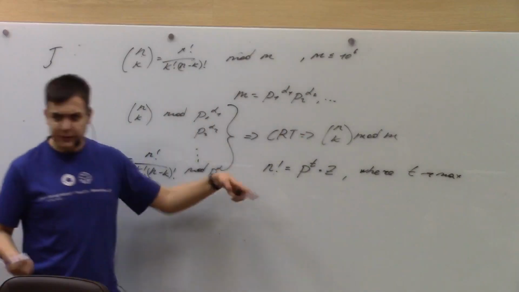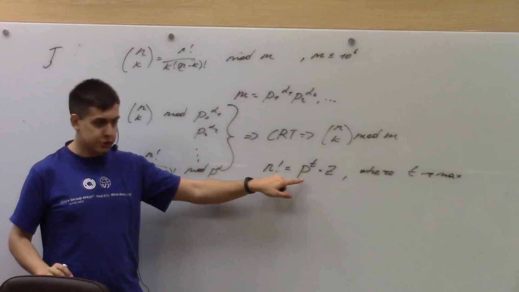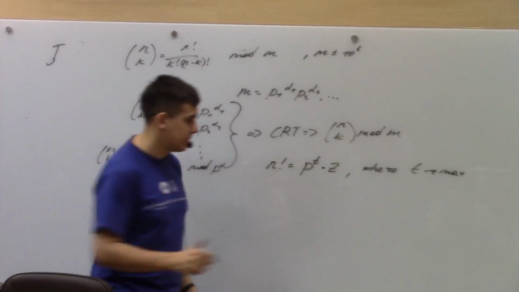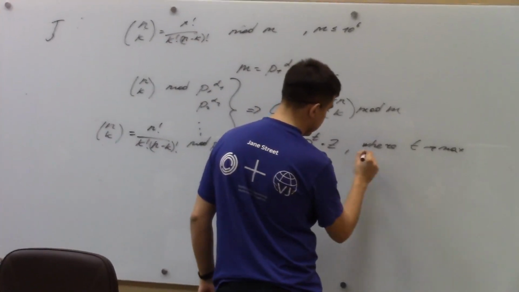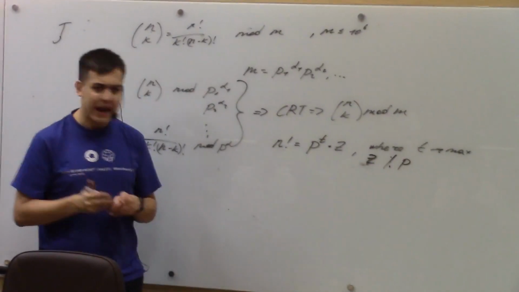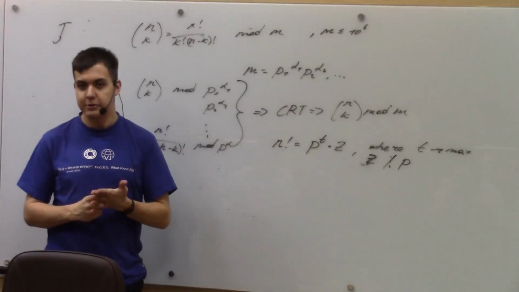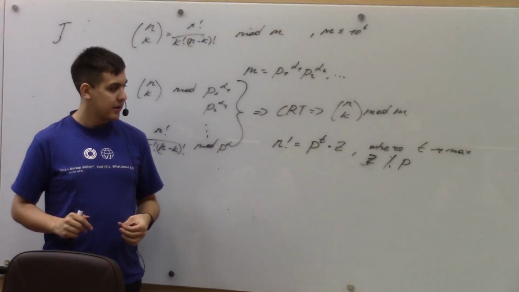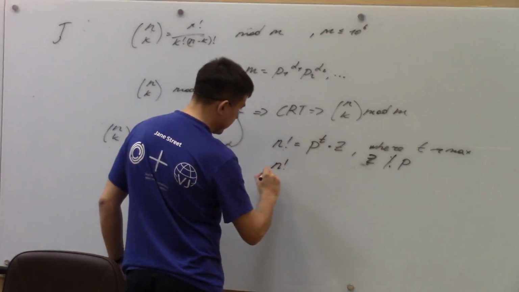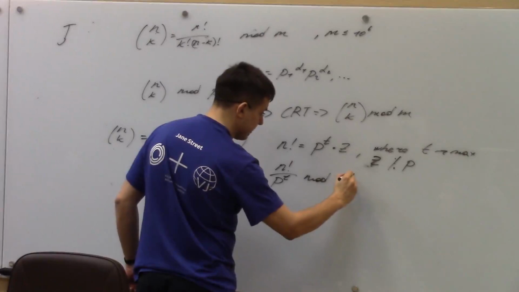So basically, n factorial is a collection of different factors. All the factors that are equal to p are here, and all the factors that are not equal to p are here. So z is not divisible by p. Now, my problem will be to find n factorial divided by p to the power of t, mod p to the alpha.